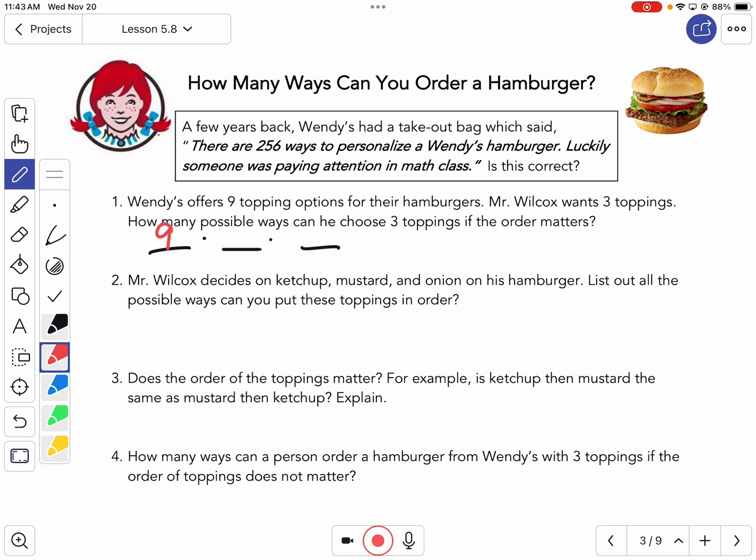How many after that? 8. And then after that, 7. So those are his only options. The order mattered, so this is the same thing as a permutation, 9 pick 3, that we talked about yesterday. The order mattered, and we picked 3, and there were 504 ways he could make his burger. So this was a permutation.